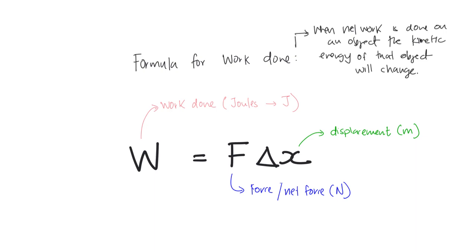Now, work done is a scalar quantity. Because it is a scalar quantity, please understand that you can have negative answers. You can have negative joules. So when I have a negative value, I have what we call negative work done, and that is energy that is lost.